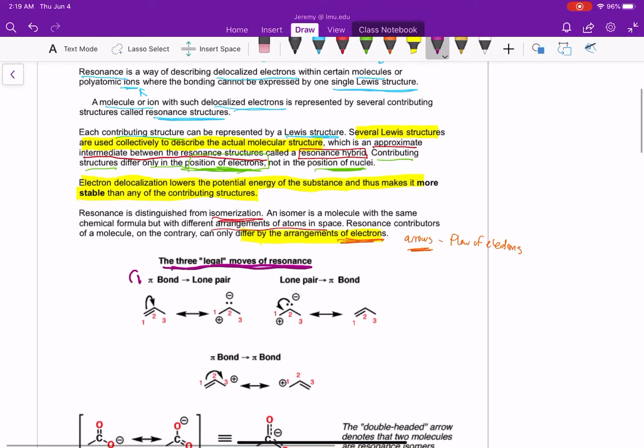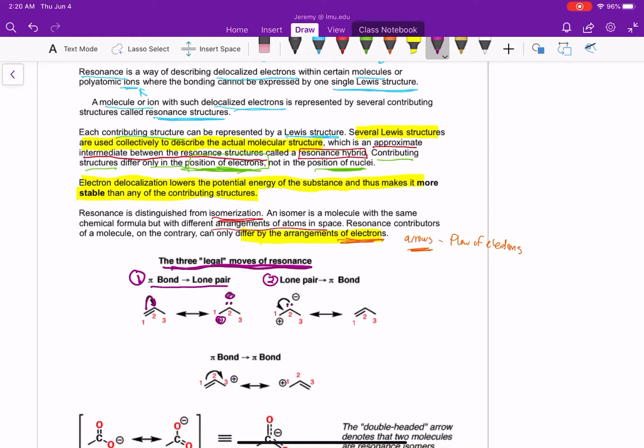The first is we can have a pi bond become a lone pair. In this example, we have a pi bond between 1 and 2. That can become a lone pair on carbon 2. Therefore, 2 has a minus and carbon 1 has a plus. The second thing we can do is have a lone pair become a pi bond.